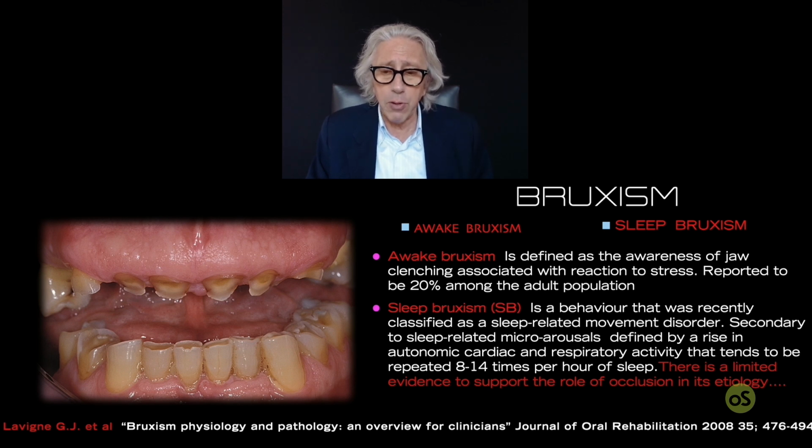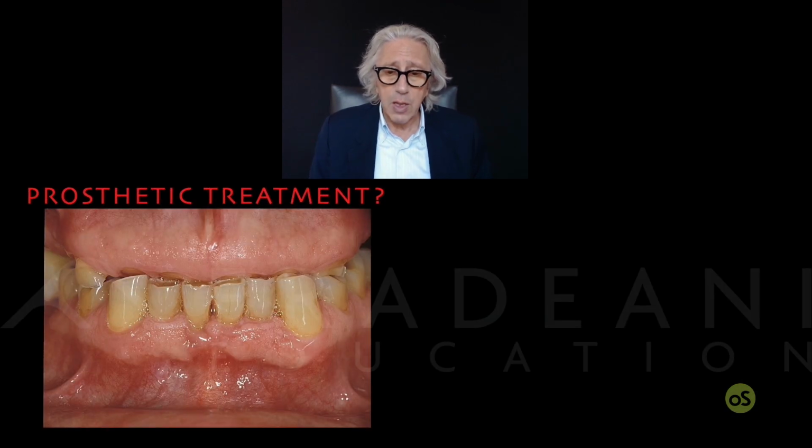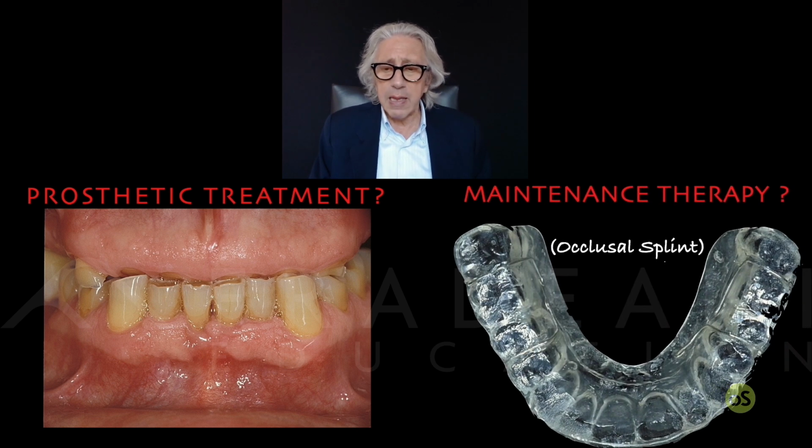But if it doesn't play a role, what to do? It's very complicated for us because we don't have many possibilities to do differently. We just do dentistry. So what to do in this case? Would you like to do any prosthetic treatment? Or would you better say, I want to take the chance to see what happens?